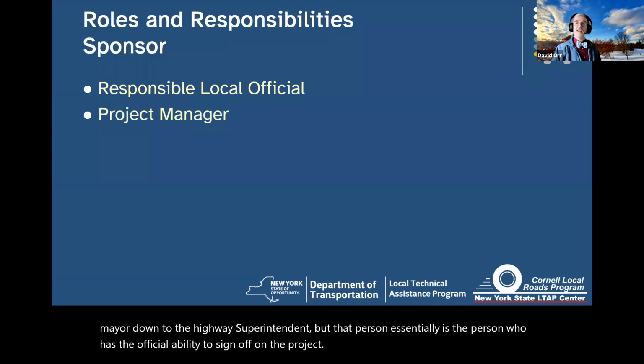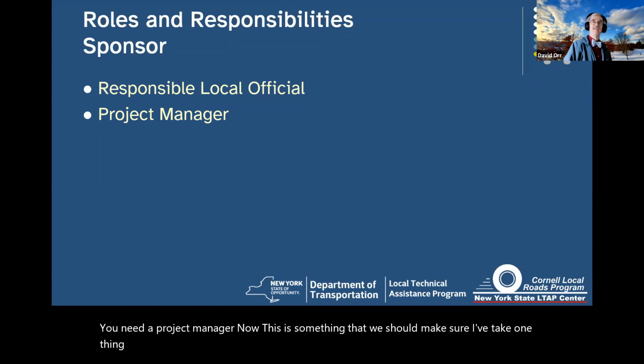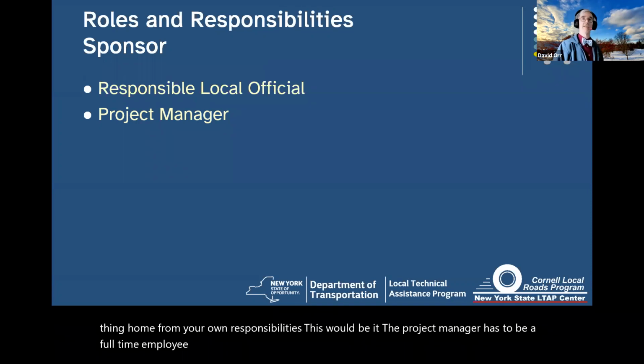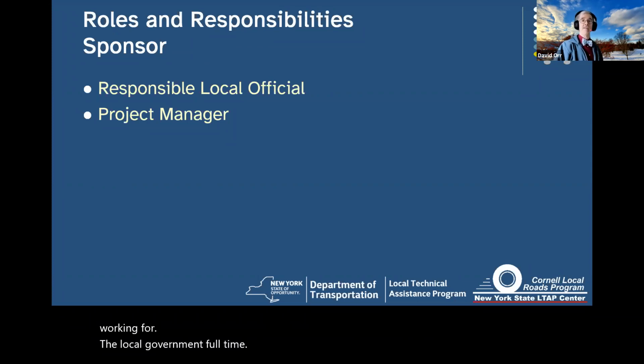You need a project manager. Now, this is something I want you to make sure of. Take one thing home from your own responsibilities. This would be it. The project manager has to be a full-time employee of the sponsor, which really means the local agency. Has to be somebody working for the local government full-time. Now, could they be hired for a big project?